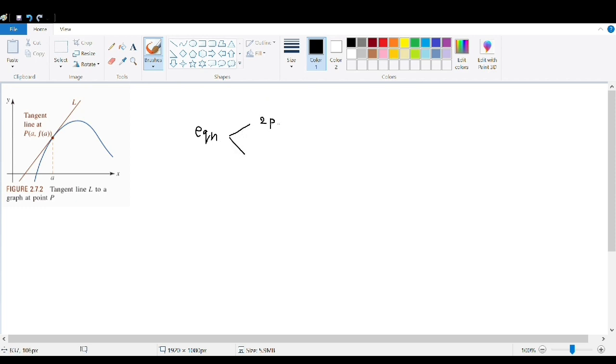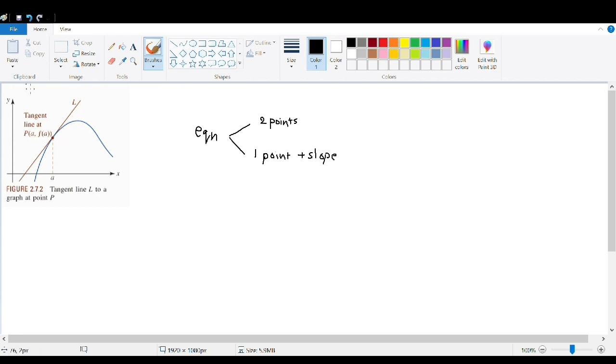Either we need 2 points, or we need 1 point and the slope. For this tangent line L, we have a point which is (a, f(a)), but we don't have a slope. Also, we don't have another point.